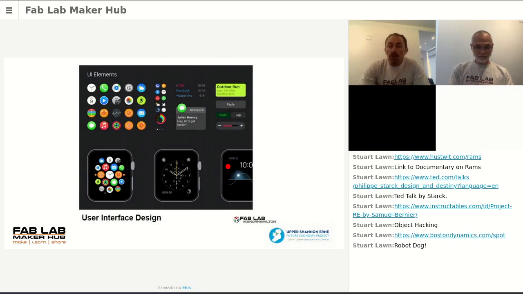All of those ways in which we interact with the technology have to be designed, just as the physical things are. So this whole area of user interface design, that's just an image of the Apple iWatch.